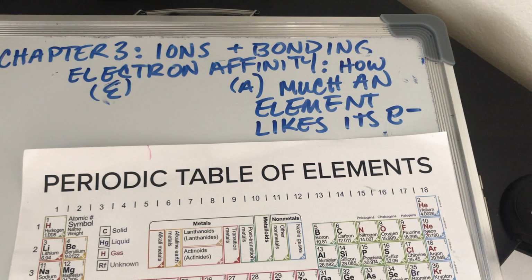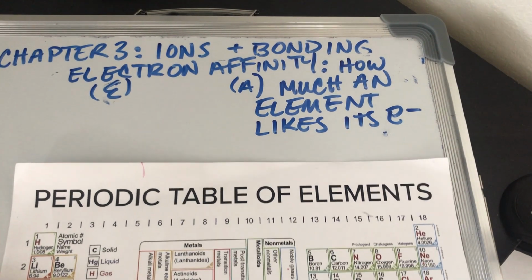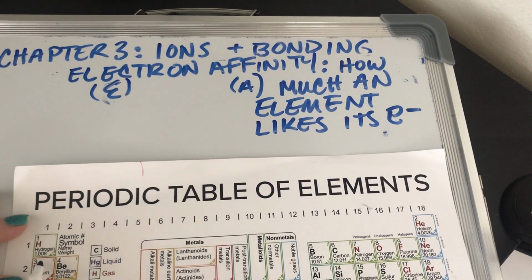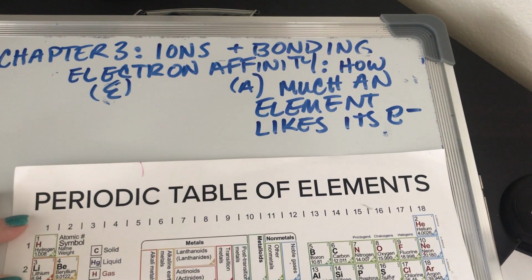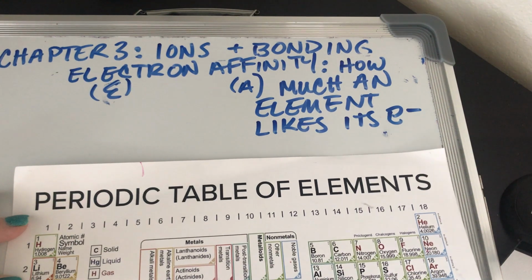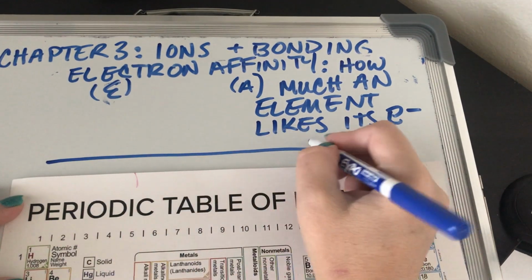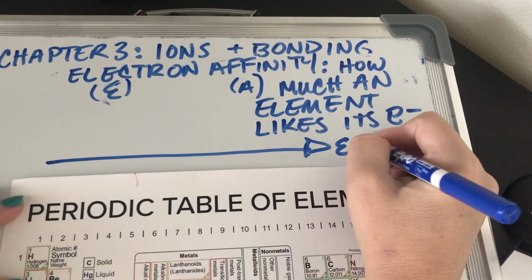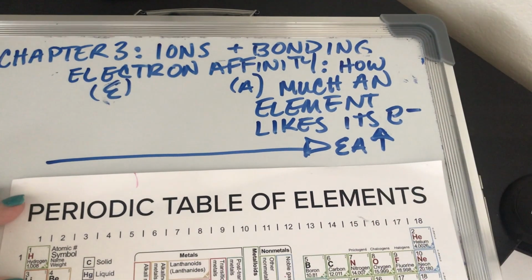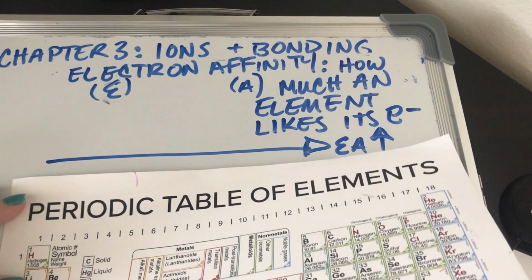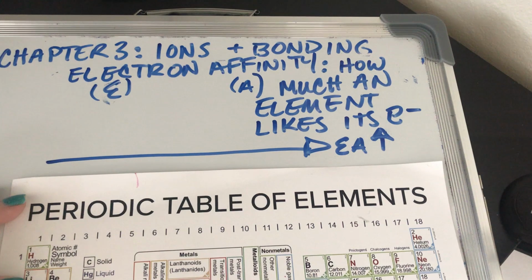Wouldn't that be just the exact opposite of ionization energy? We're getting there, yeah. So if we're going from metals over here across to the nonmetals, what do you think is going to happen to the electron affinity? It's going to increase, exactly. So as you go across the periodic table, electron affinity increases.